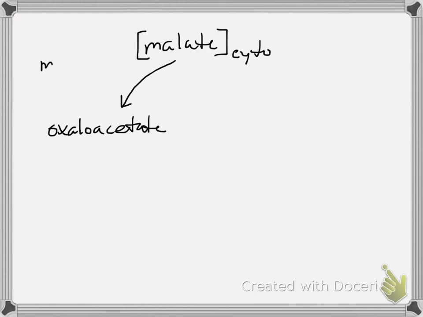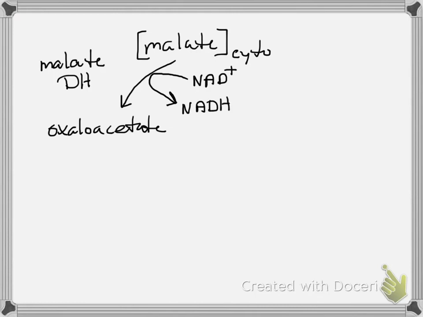And this is done by the malate dehydrogenase enzyme, which is the same enzyme that we saw used in the fatty acid synthesis pathway. But in this case, what we're doing is we're taking reducing power from the mitochondria in the form of malate, and we're going to oxidize malate and reduce NAD plus into NADH, generating oxaloacetate.